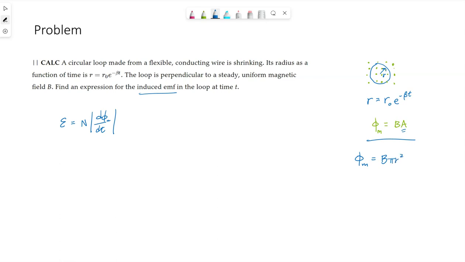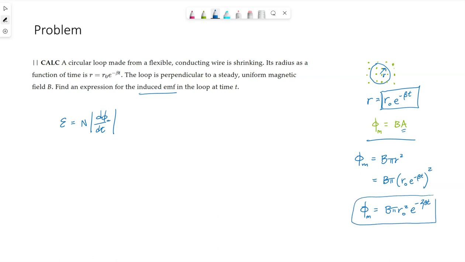We know area of a loop is going to be pi r squared, but it's this radius that is changing with time. So if I plug in this function for r, and then I square it, since area is pi r squared, I don't know if you recall, if we take a power to a power, we just multiply those powers together.